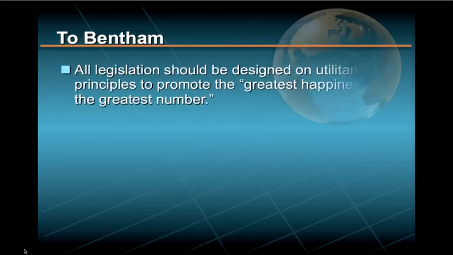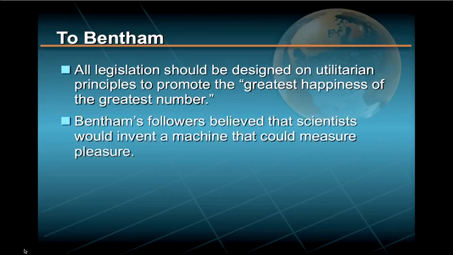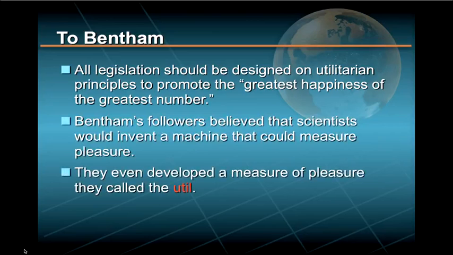To Bentham, all legislation should be designed on utilitarian principles to promote the greatest happiness of the greatest number, and Bentham's followers took him quite literally. They believed that scientists would eventually invent a machine that could measure pleasure by measuring brainwaves. They even developed a measure of pleasure they called the util.